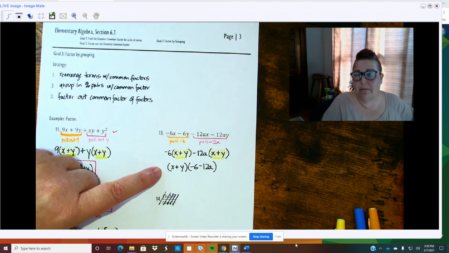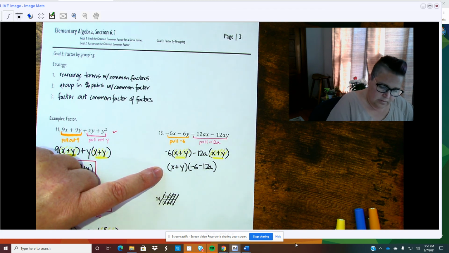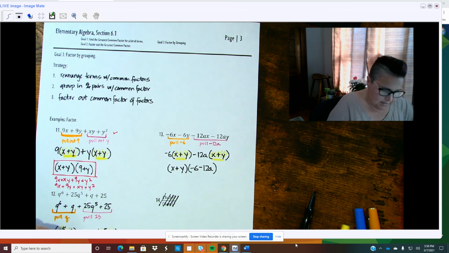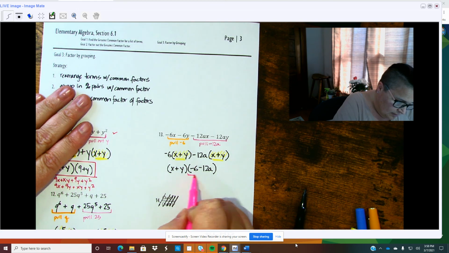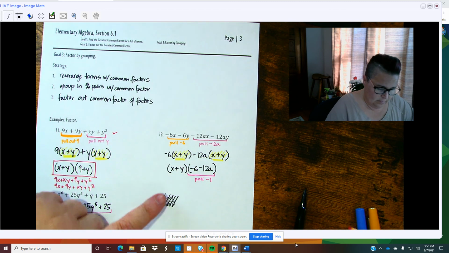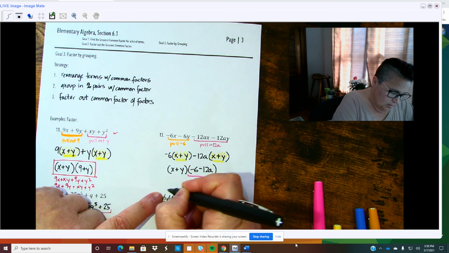Oh, but I want to fix this too. Do you see how this has a negative in both of them? This is an extra step. This right here, I'm going to pull a negative. So that's going to give me a -1.